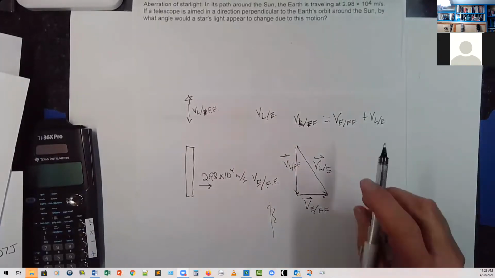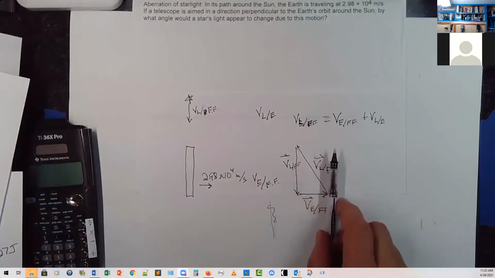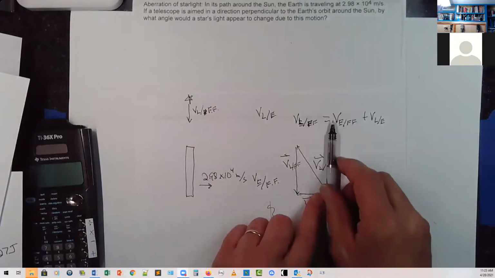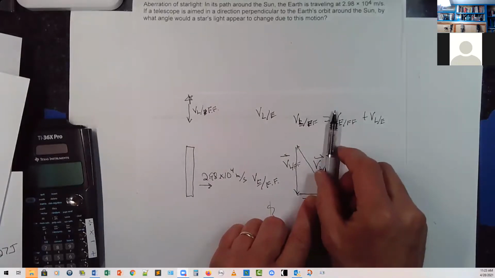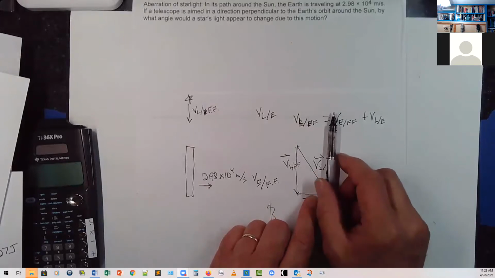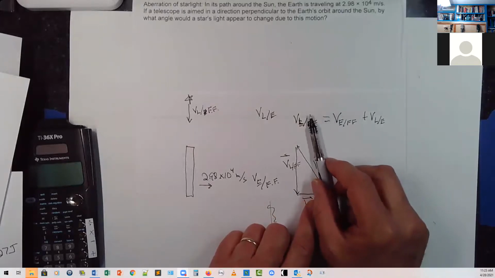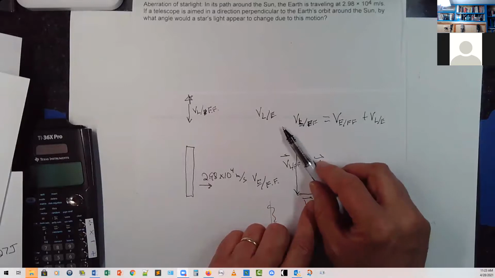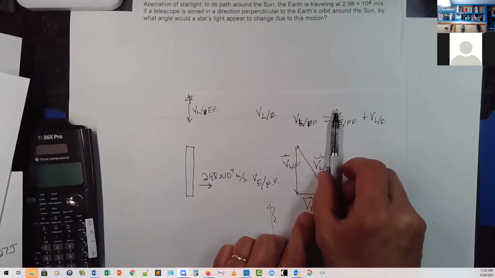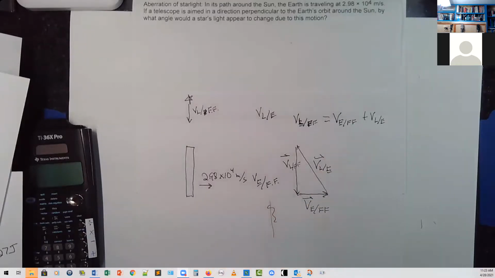However, what it means is that instead of looking straight up in their field of view to see this star right in the center of it, they have to look at a slight angle to it. And it's really a small angle, but this observation was actually the first observational evidence that the Earth traveled around the sun.